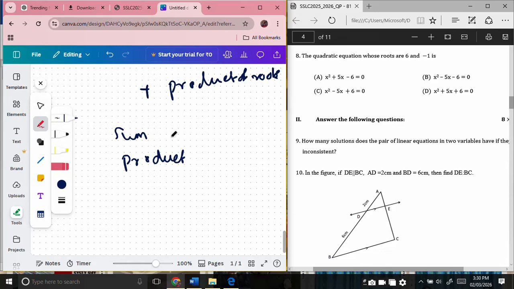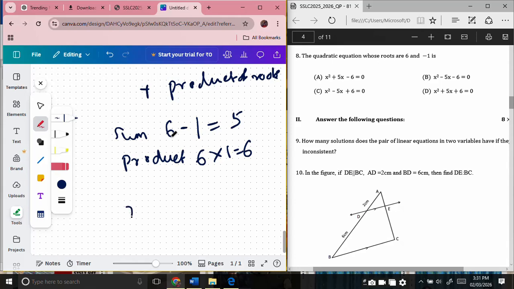The sum is going to be 6 minus 1, which equals 5. The product is going to be 6 into minus 1, which is minus 6.